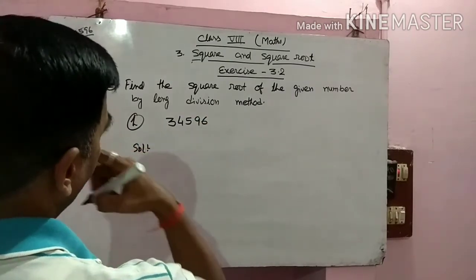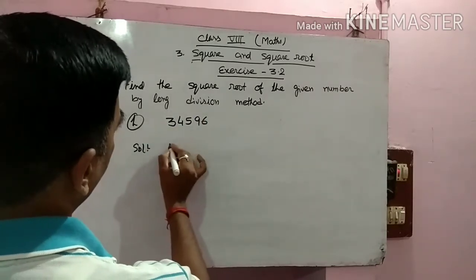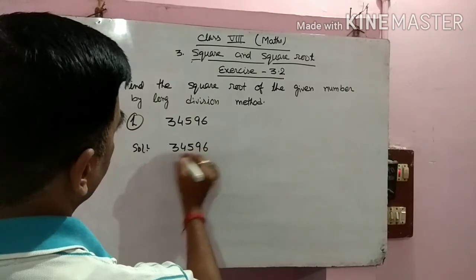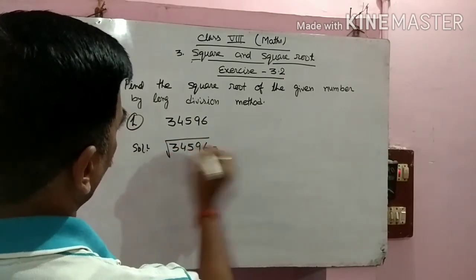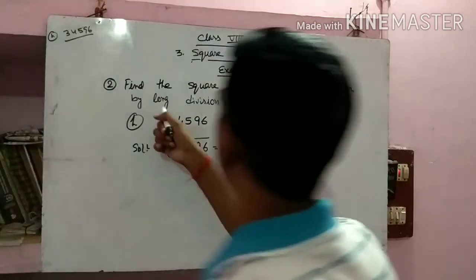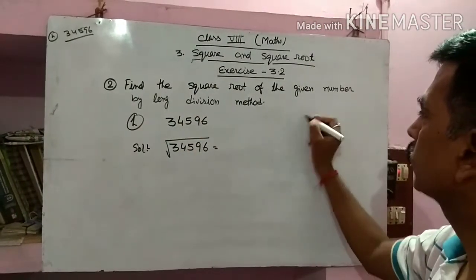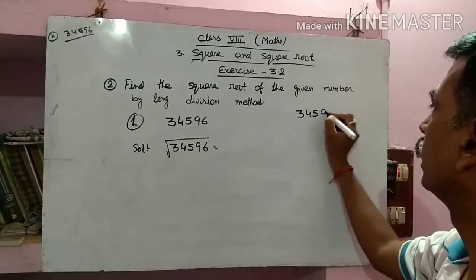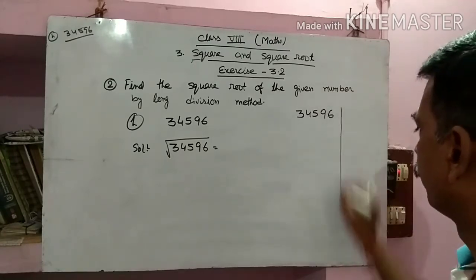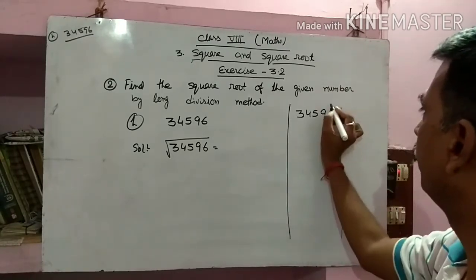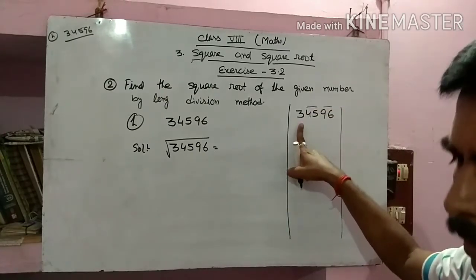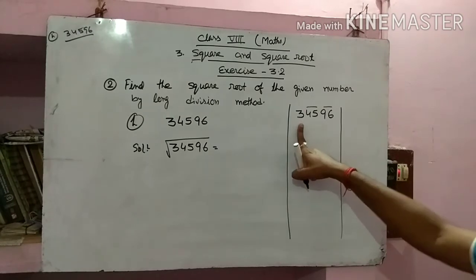We have to find the square root of the given number, 34596 inside the root, by using the same long division method. So first of all, we write the number as 34596. Make blocks or pairs of 2 digits. What remains? 1 remains alone here.